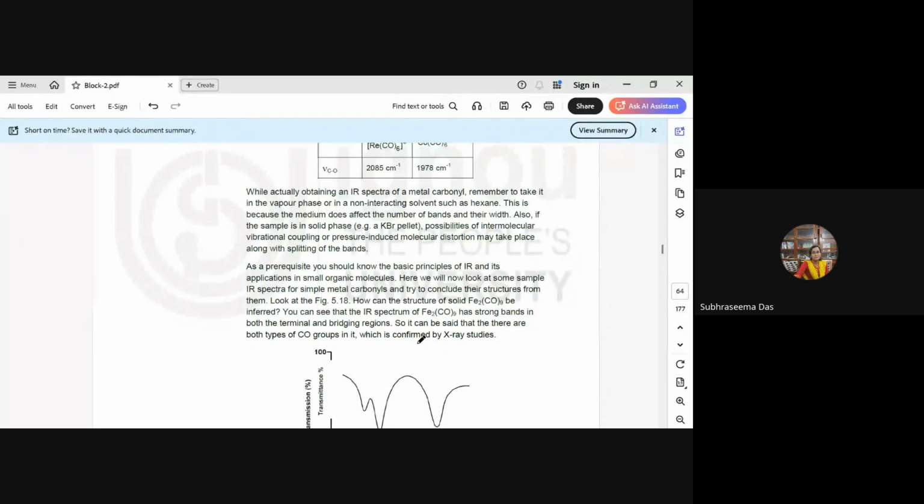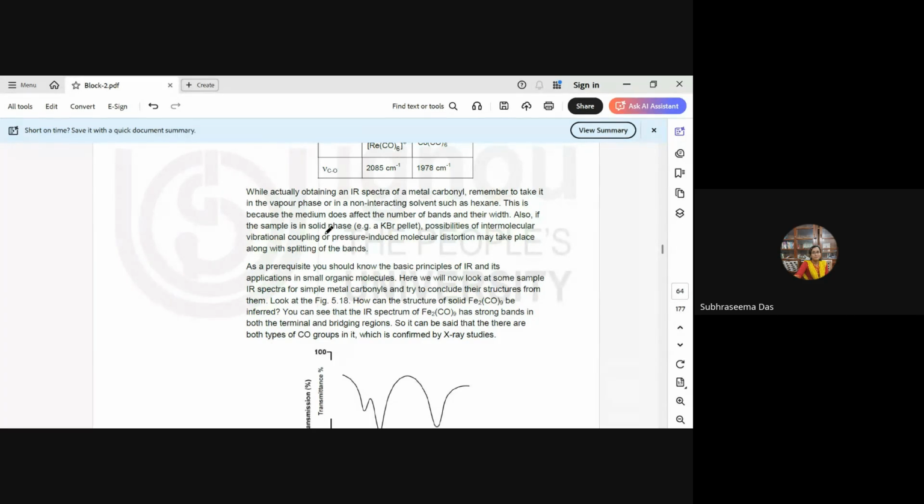Because if we take any other solvent which reacts with the metal carbonyls, then we get the corresponding peaks of the interactions. So we don't want this. To avoid any impurities or any unwanted interaction between the metal and the solvent, we always take hexane as the solvent for the IR of the metal carbonyls.